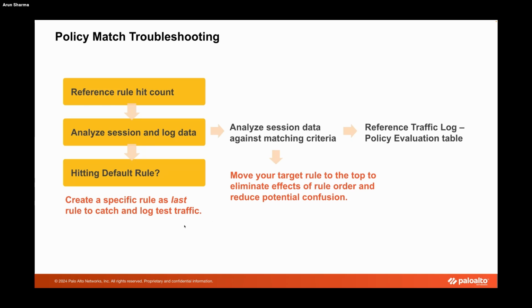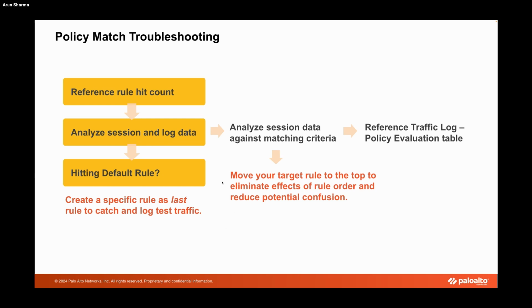And let's say you have thousands of policies and you are not able to track down the correct security policy. In that case, you can create a customized test policy and just move it to the top. This is just for troubleshooting if we are not able to identify a security policy correctly.